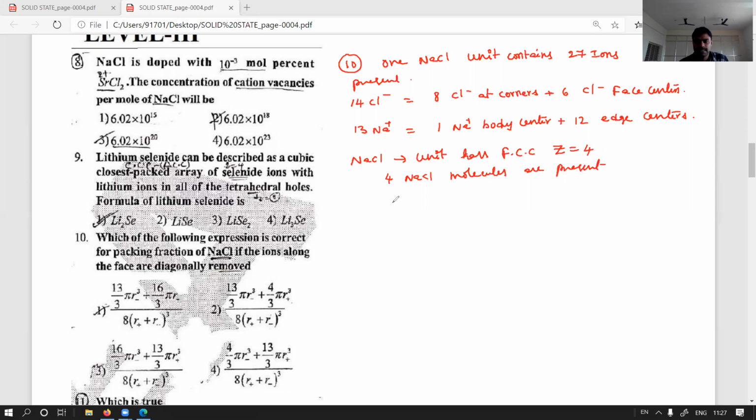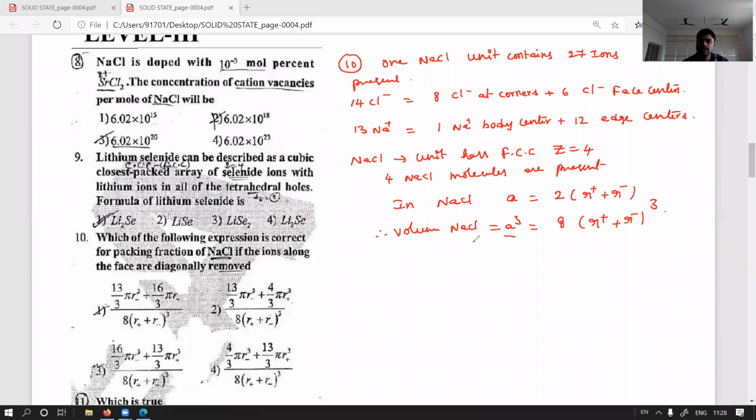In NaCl, the edge length a is equal to 2 into the radius of cation plus radius of anion. Then the volume of the NaCl unit cell is a cube, which is 8 into radius of cation plus radius of anion, whole cube.